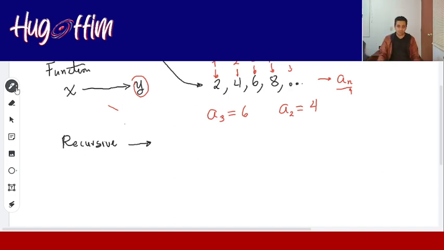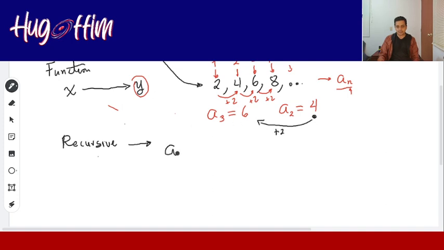For example, in the sequence 2, 4, 6, 8, we are adding 2 to get the next term. Here a sub 3 is 6 and a sub 2 is 4, so if I take a sub 2 and add 2, I get a sub 3.